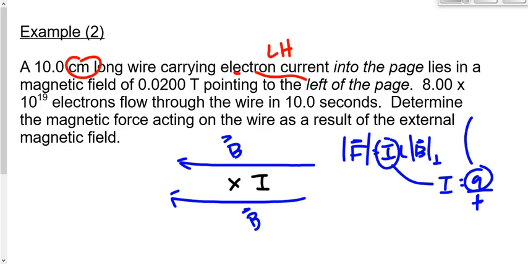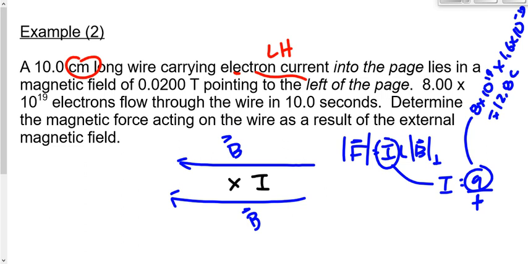How do you find Q? Same way as we did in that other example question, right? We say 8 times 10 to the 19, that's the number of electrons, times the charge of one electron. That gives us, do you have it? 12.8.